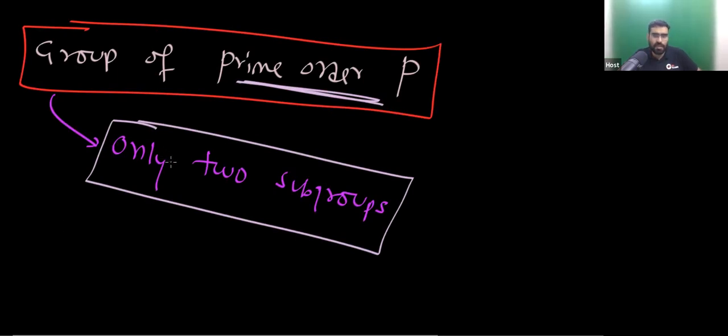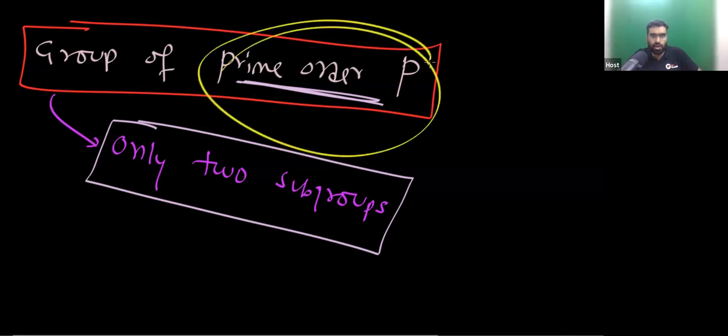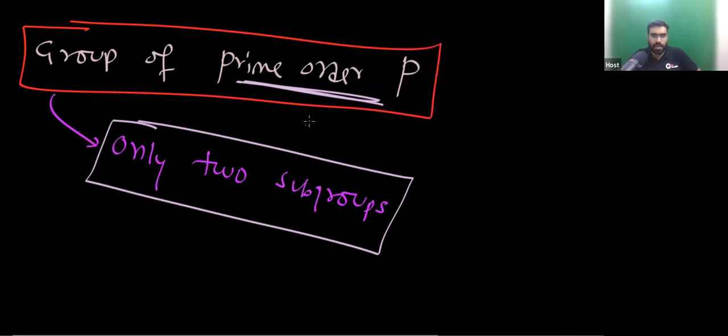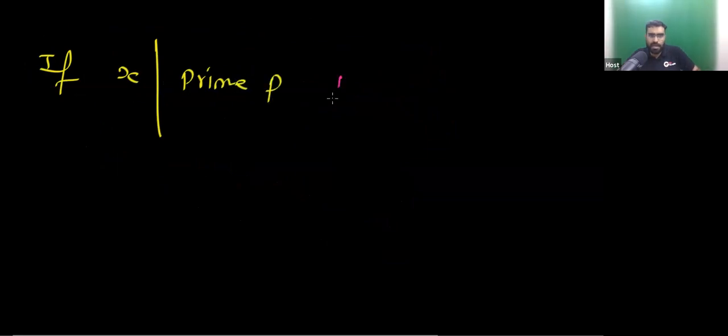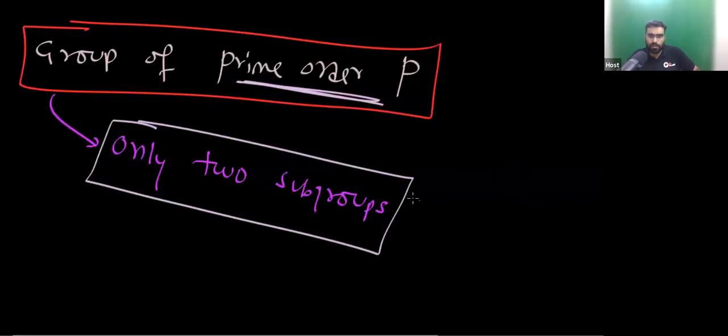What is the reason? Because no element will divide P, right? The only elements which will divide P are 1 and P. If any number divides a prime P, then that number is either 1 or P. So that is the reason I am saying that if you have a group of prime order, only two subgroups are there.